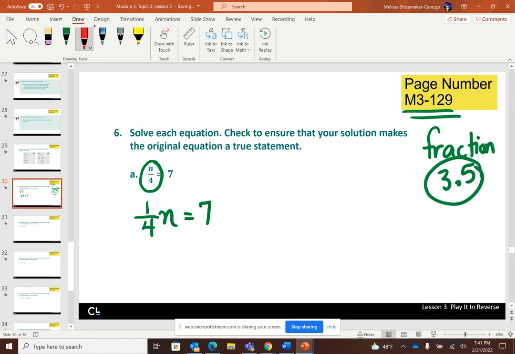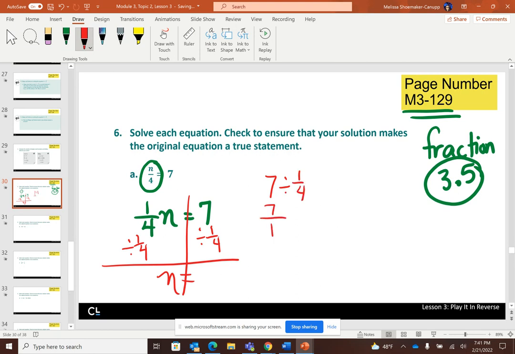So we are going to divide by 1/4 and divide by 1/4. That leaves my n by itself. And then I keep, change, flip to solve this problem. So I keep the first number, but since it is a whole number, I'm going to place it over 1. I change division to multiplication, and I flip the numbers on this fraction. 7 times 4 is 28. 1 times 1 is 1. 28 divided by 1 is 28.